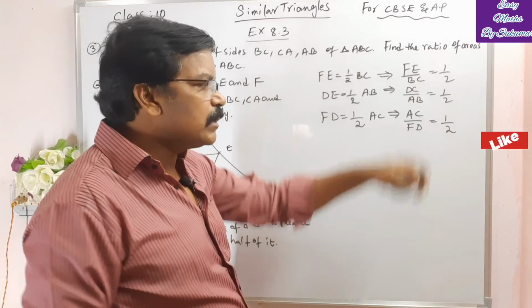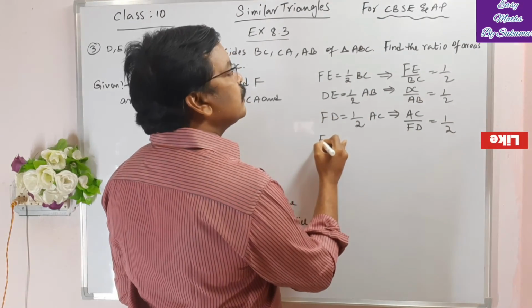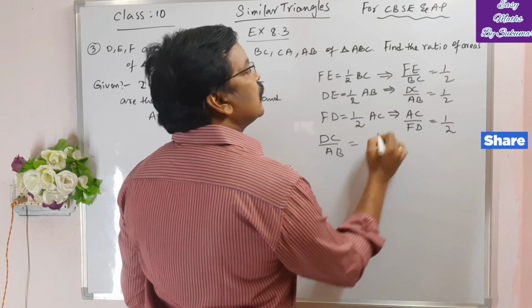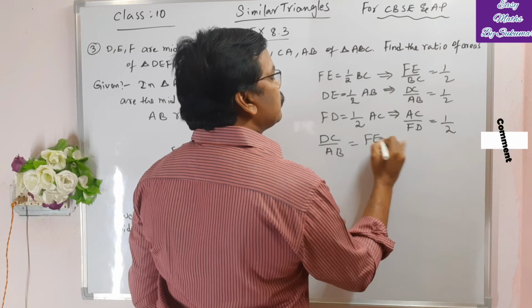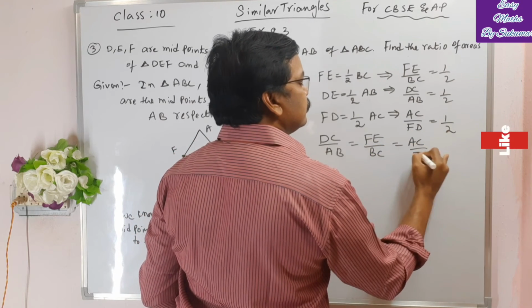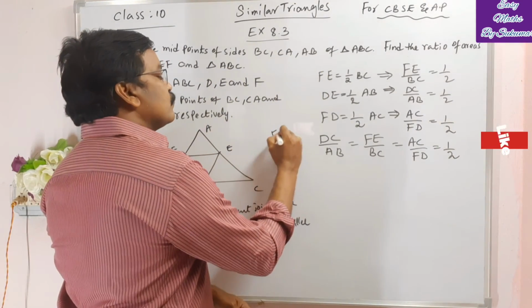So from the above equations, DE by AB, FE by BC and FD by AC are all equal to 1 by 2.